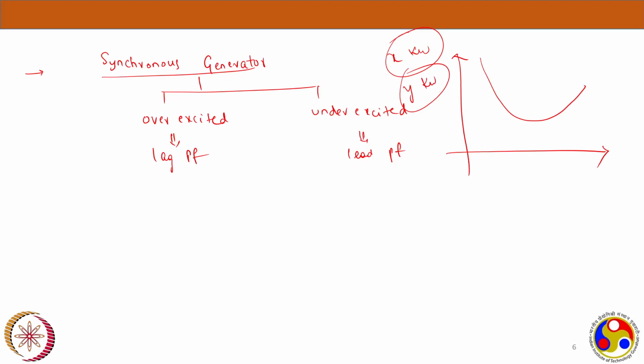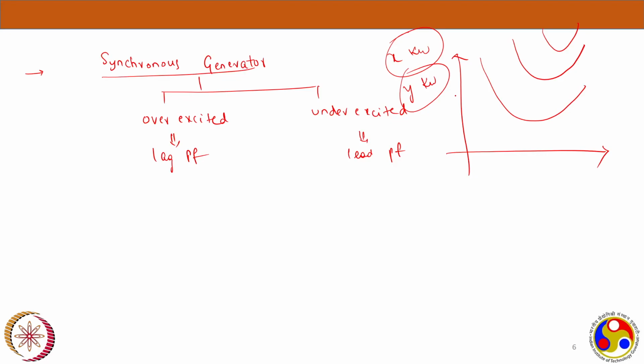If you draw the same V curve for my other constant power, you will have some other excitation, some other armature currents, some other locuses of EF sin delta and IA cos theta. So it will be like this. Maybe your curve will shift like that. For some other constant power, your curve might go like this. This is how your curve will behave.